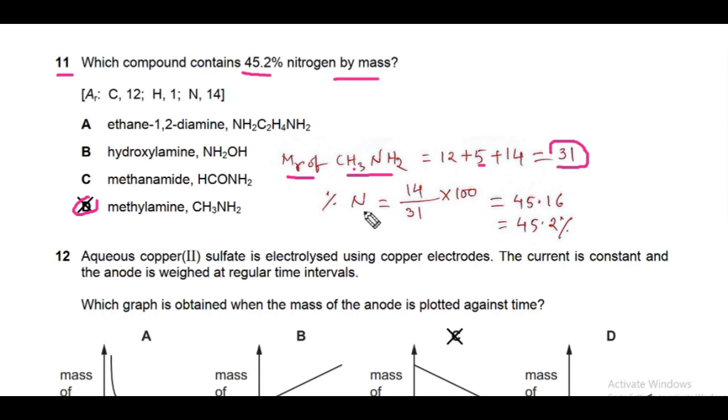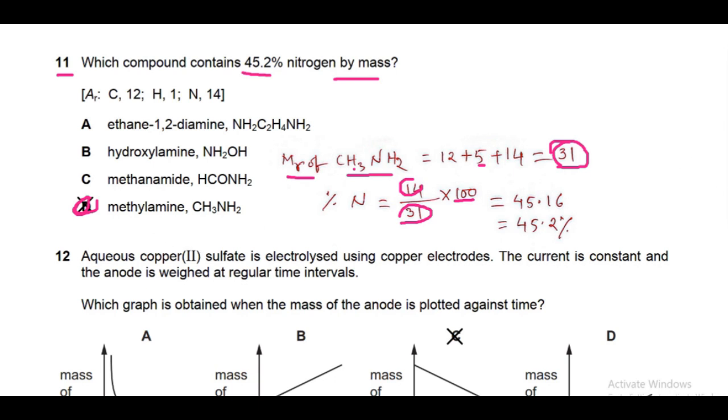Percentage of nitrogen: total mass 31, in 31 nitrogen is 14, so in percentage, times 100, you will get 45.16, which means 45.2%. So this is the correct answer.